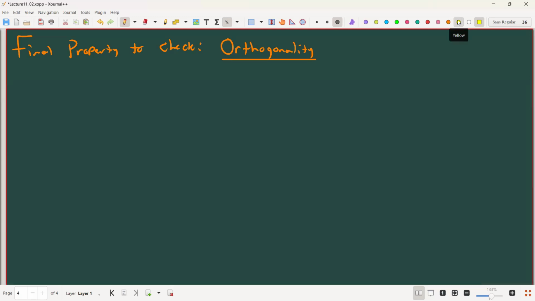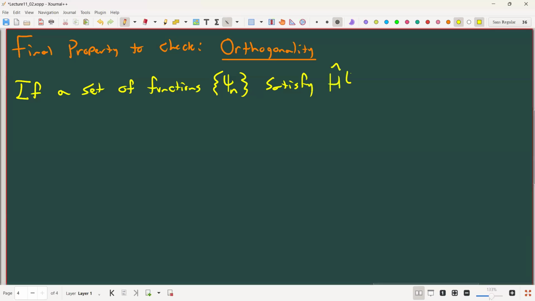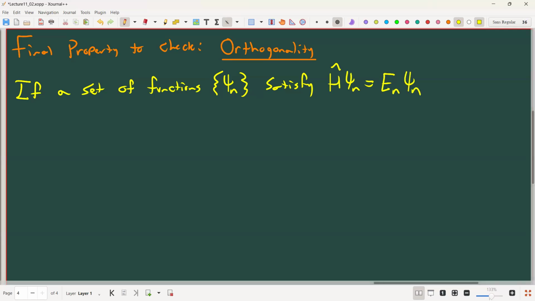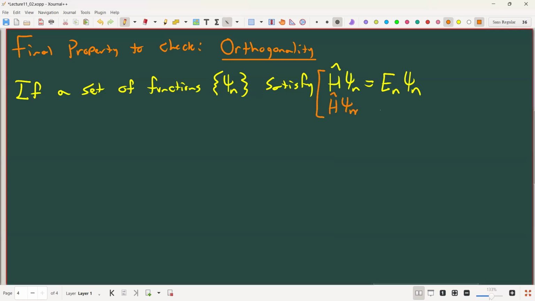It's not too hard to show, but if a set of functions psi n satisfy the Schrodinger equation, so you have the nth function satisfied with this expression, and then for another function m, it gives you a different energy, n not equal to m.